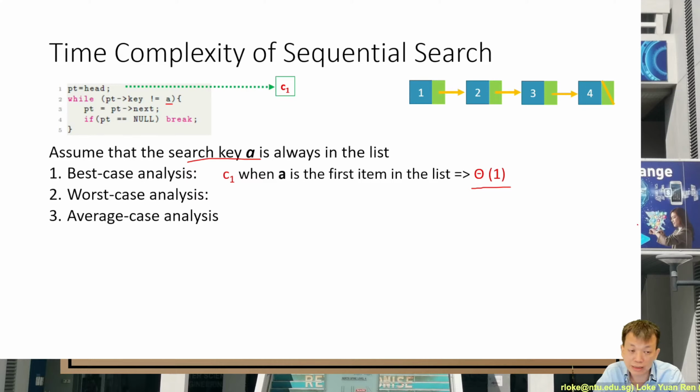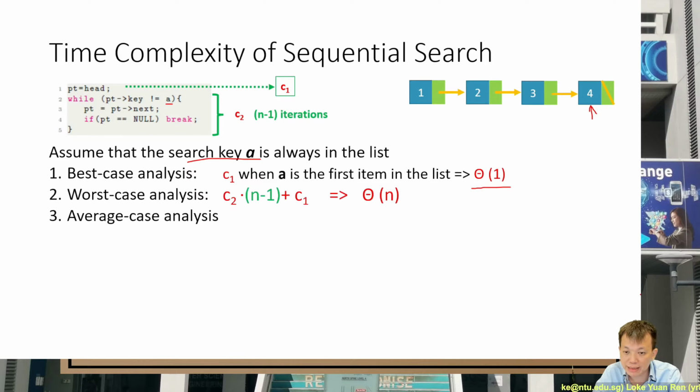And then what is the worst case? The worst case is probably when the search key is the last node. That's when you need to run this while loop n-1 iterations, then you can reach the last item and find the key.